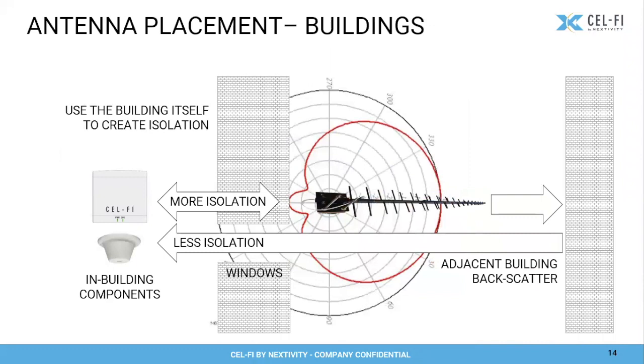And then we also, of course, have the building itself, using it for isolation purposes to create additional isolation between your donor antenna and your hardware that's in the building. We always want to get to max power, and your CelFi systems will never go into oscillation. They employ an echo canceller and they adjust extremely quickly to always maximize their gain and power.